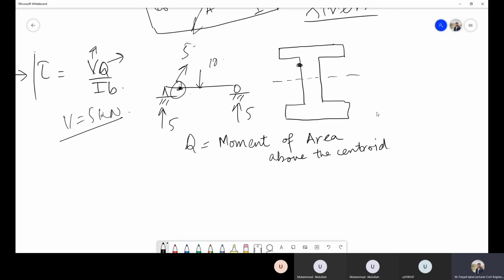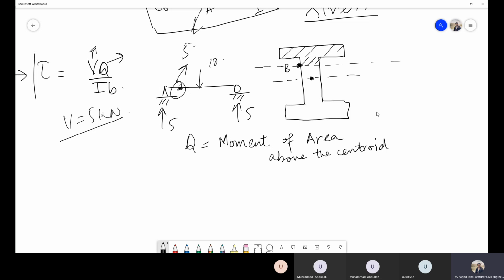For example, in this question, if it asks us to find out the shear stress at this particular point, let's call this point B, then the area above this point is this area which I have shown by the shaded portion. I have to calculate the moment of this area about the centroidal axis.